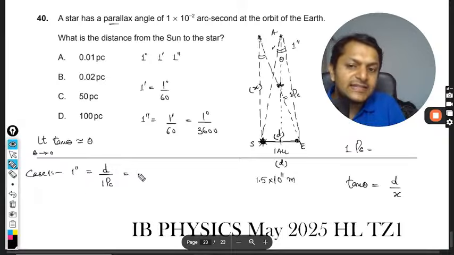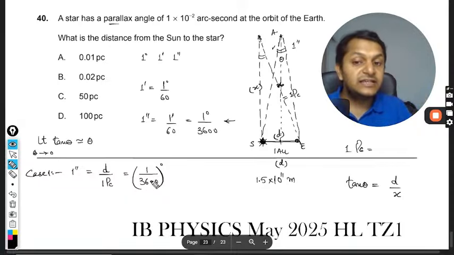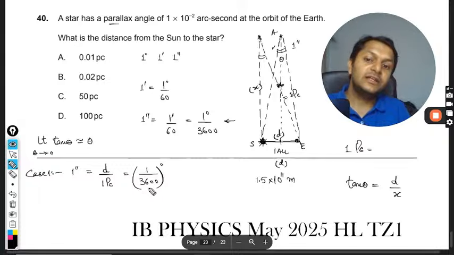Now this 1 second can also be written as 1 divided by 3600 degree, as it is written here. So d divided by 1 parsec, which is distance, is equal to this. Please don't mess around with the units.